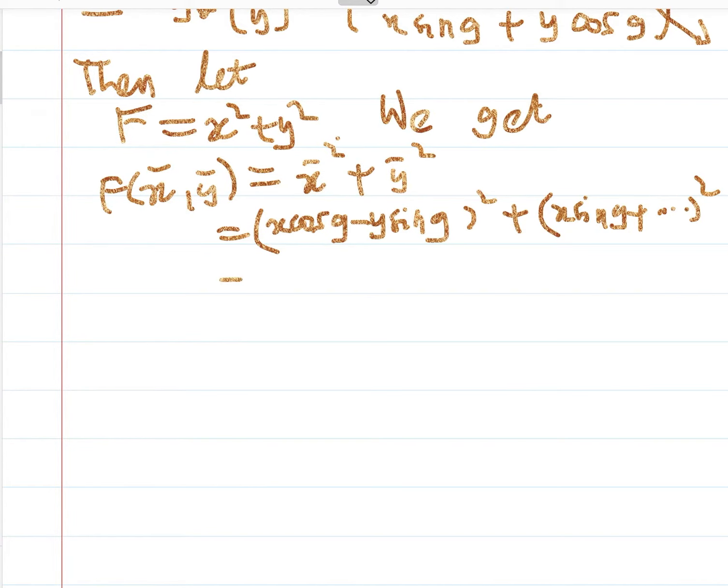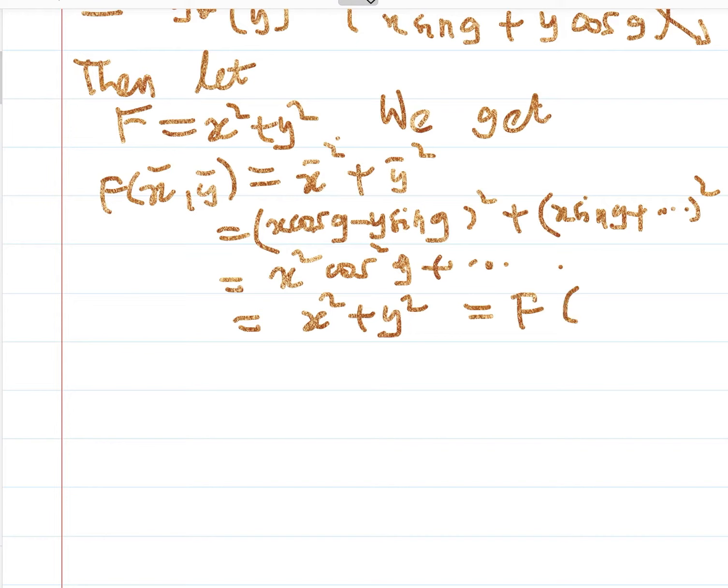If you do the multiplication here, you get x squared cos squared g, etc., etc. And if you simplify this, you end up with x squared plus y squared, and that is equal to f of xy. So therefore, this function f is left invariant by this one parameter Lie group of transformations.